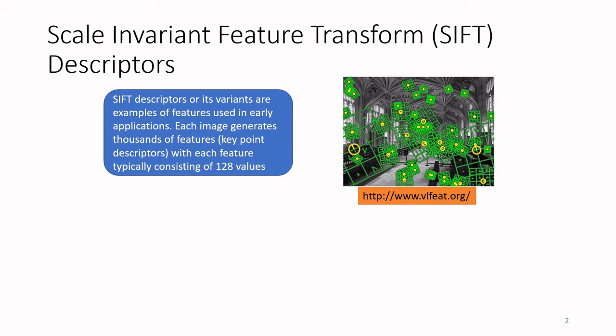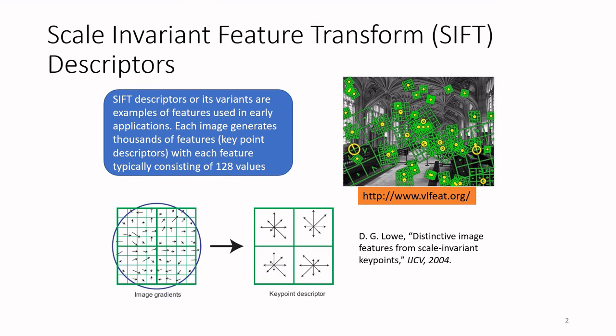On the right-hand side, in this picture, we are showing you the locations of these SIFT descriptors at different locations in the image. Essentially, what these descriptors capture is the local variations in the image gradients.